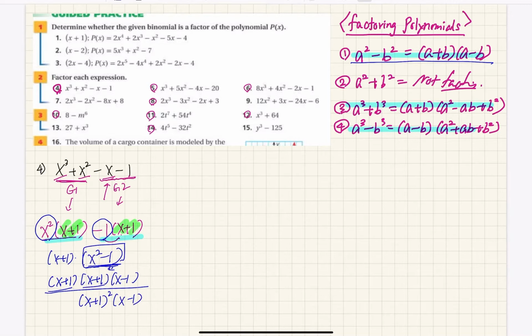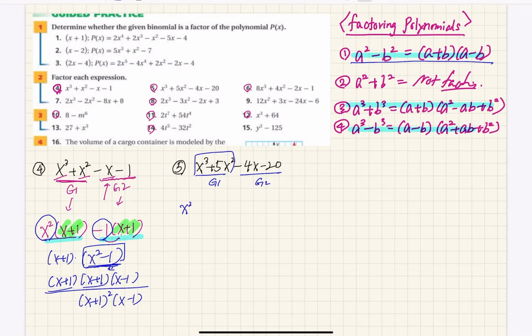Number 5. X cubed plus 5x squared minus 4x minus 20. Yes, there are four terms. Let's use the grouping way. First group, second group. In the first group, you take out x squared as a common factor.